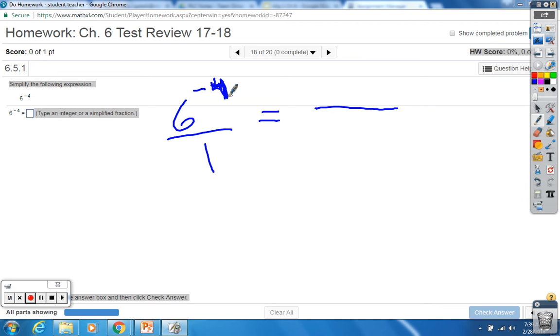And so if we were to change the side of the fraction that it's on, we would change it from the top to the bottom here. So we'll put 6 to the 4th down here. And notice how the only thing I changed was the exponent from being negative to positive. And I also have to put a 1 up here just as a placeholder. And then I could just calculate what 6 to the 4th is.